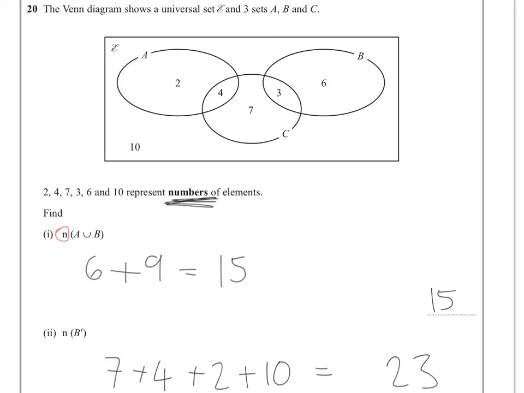Part 3, the number in A and not in C, so it must be in A but not in C, so it only includes a crescent sort of circle, therefore just 2 members in that set.